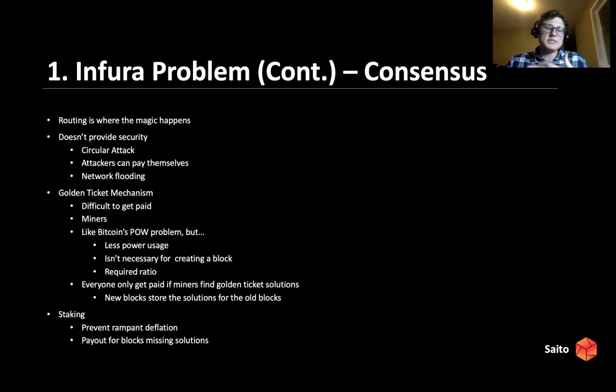So not only does it prevent rampant deflation, because using staking the funds won't be locked within the network. If a block is generated without a golden ticket solution, then the stakers would actually get paid, as opposed to the routers and the miners that did that work.